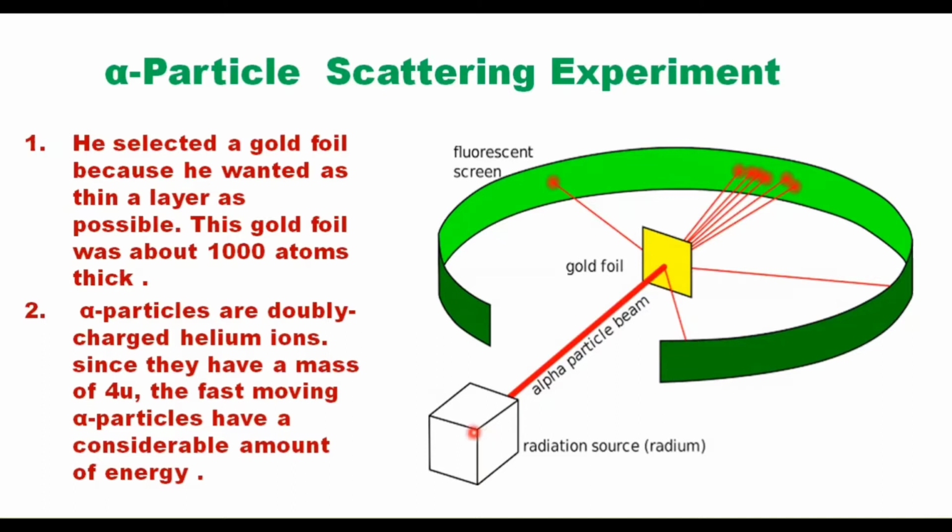So this is the source of radiation, and he placed a fluorescent zinc sulfide screen, a detecting screen, around this gold foil, as you can see here, the green circular part, and he made certain observations which contradicted Thomson's atomic model.